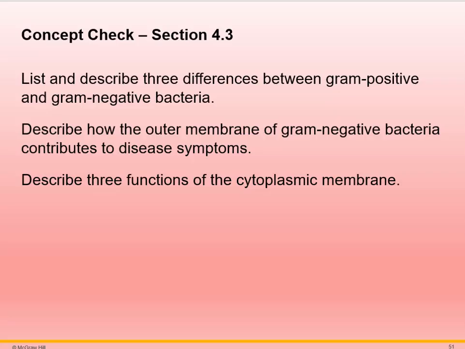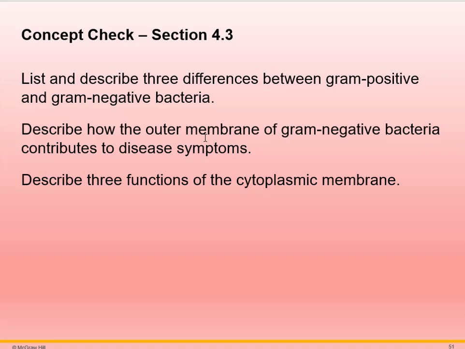How the outer membrane of gram-negative bacteria contributes to disease symptoms. Well, the fact that it is hydrophobic prevents a lot of things from getting through, even harmful chemicals. The porin proteins can change size so that the chemicals cannot get through, and so it's basically impermeable to some antibiotics as well.